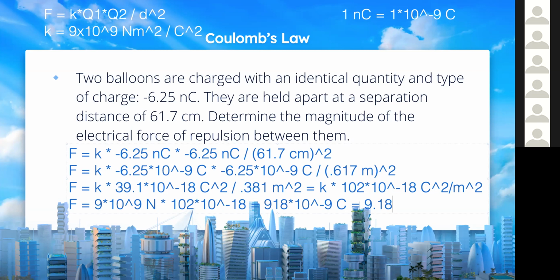Okay. So we end up with 9.18 times 10 to the good, negative 7th. I'm sorry, I put coulombs. That's newtons. We know that's newtons.